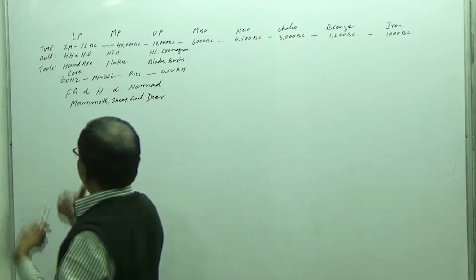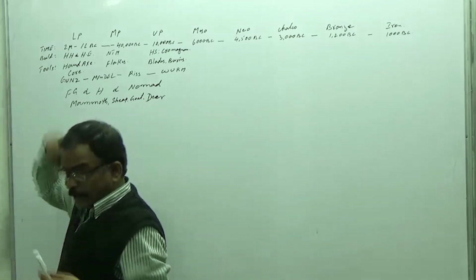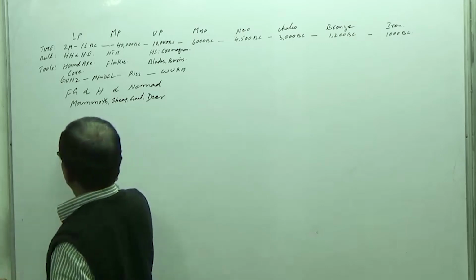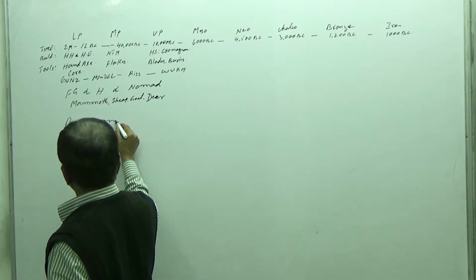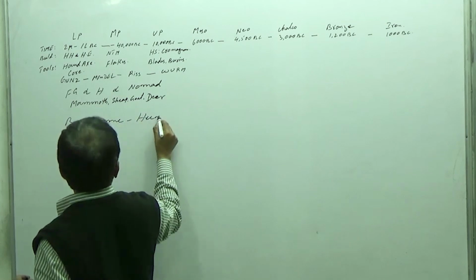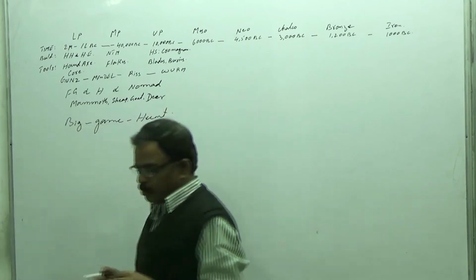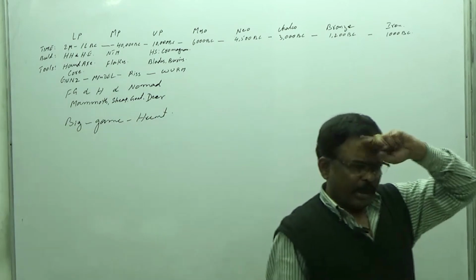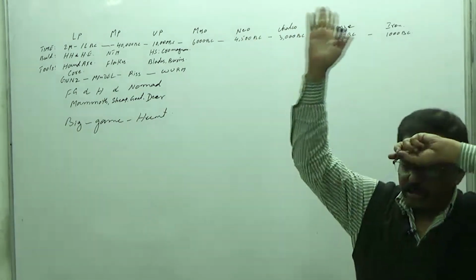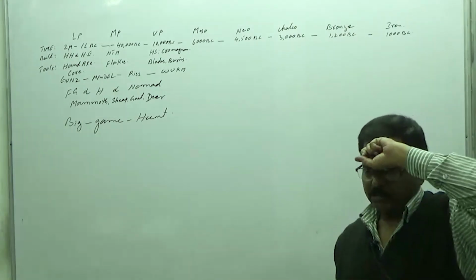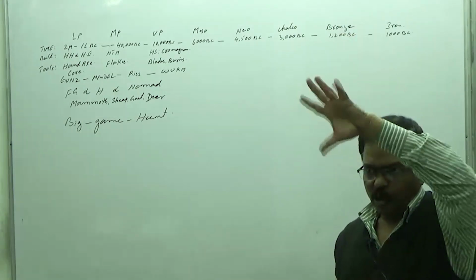That economic system, that hunting, is known as big game hunt. This big game hunt is the major source of survival throughout the Paleolithic cultures, in all three, lower, middle, upper.